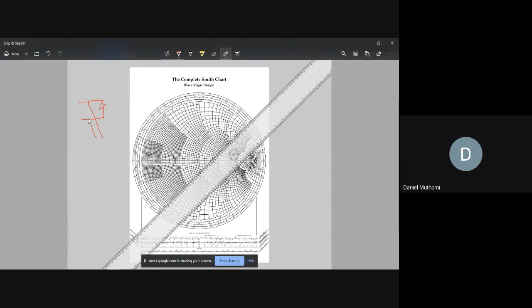I think I didn't read that part well, but if anyone knows why we match with a stub, they can chime in anytime. But I think I know how to do it.